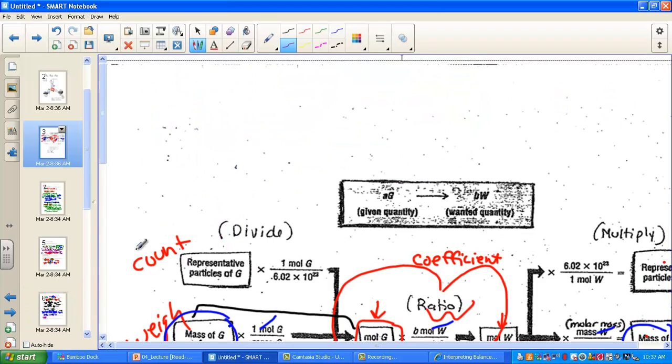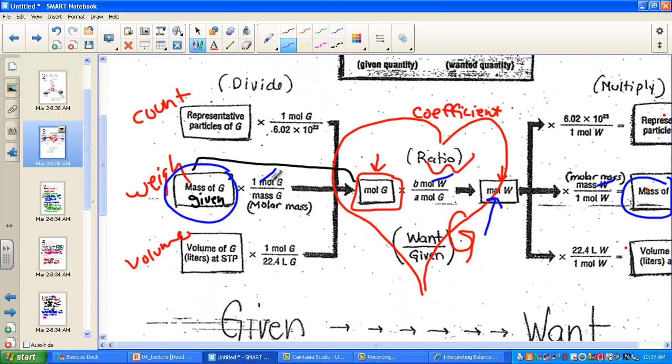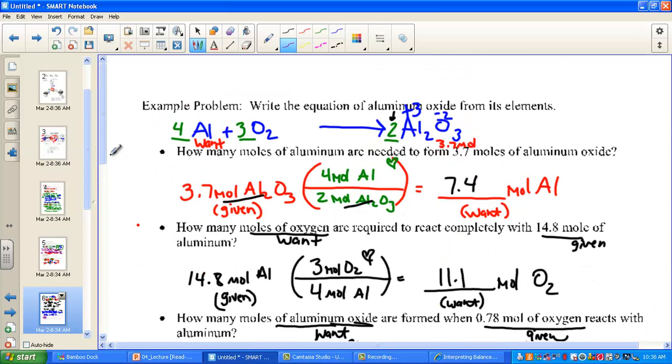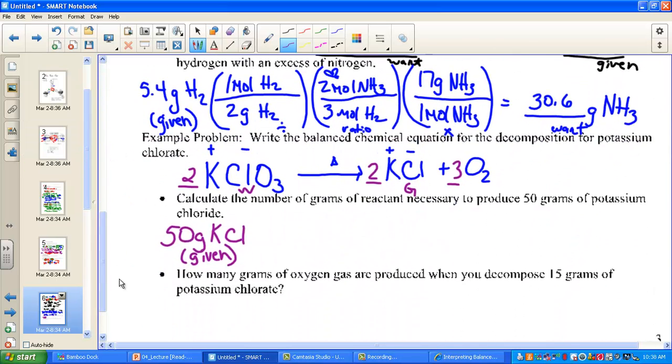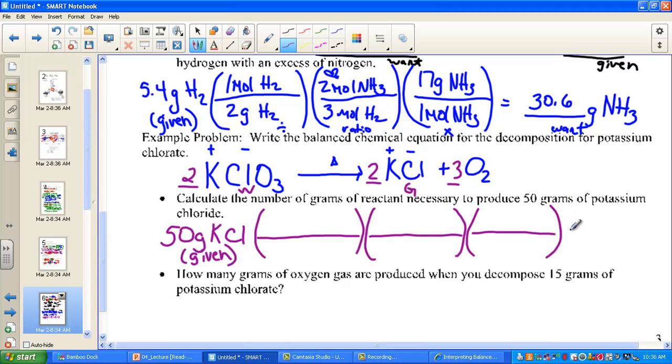To move all the way from the left to the right of our stoichiometry map, step 1, step 2, step 3. 3 steps to move from left to right, where we divide, we ratio, we multiply. I like to get those conversion parentheses ready just so I can remember what my target is. I want to see it at the end of my journey. My map is leading me from grams of given to grams of want, and we want to know KClO3.